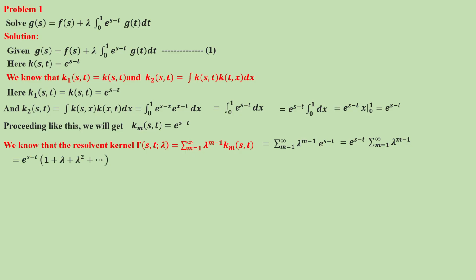Substituting the values of m in the summation, you will get e^(s−t)(1 + λ + λ² + ...), that is nothing but (1 − λ)^(−1).